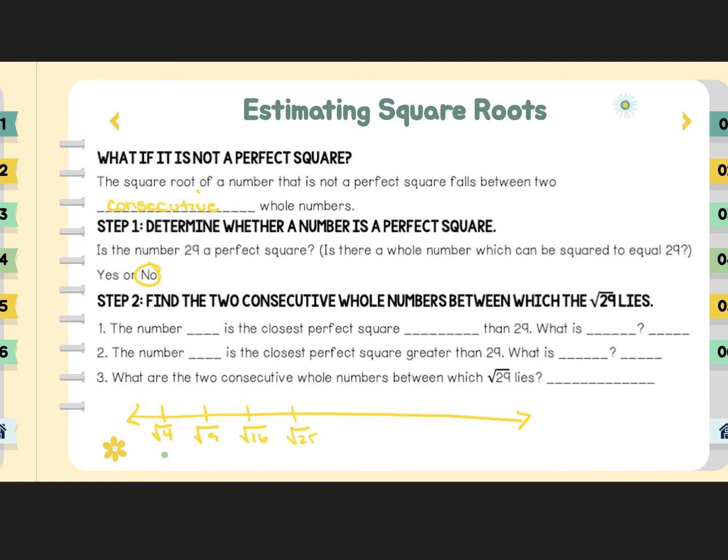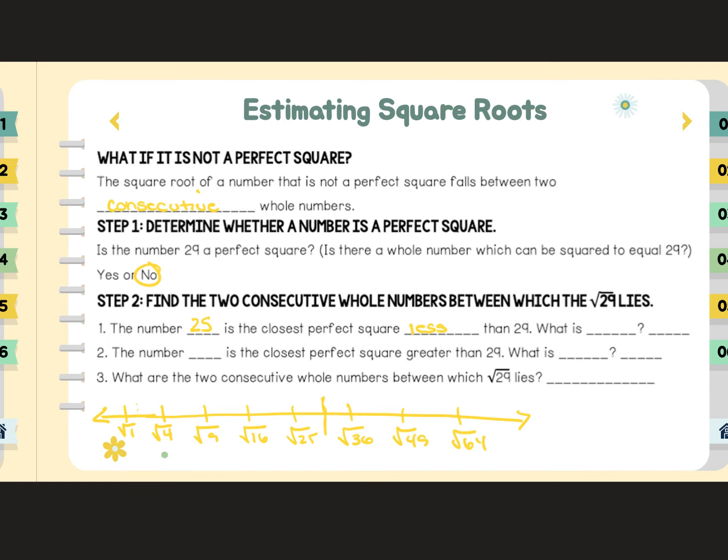Square root of 25. Square root of 36. Square root of 49. I'm actually going to extend this out more because I can't forget about 1, because 1 is also a perfect square. All right, so when we look here, and I'll just put one more, square root of 64. So when we look here, we see that the square root of 29 is going to lie somewhere between 25 and 36. So the number is closest to 25, which is the perfect square, less than 29.